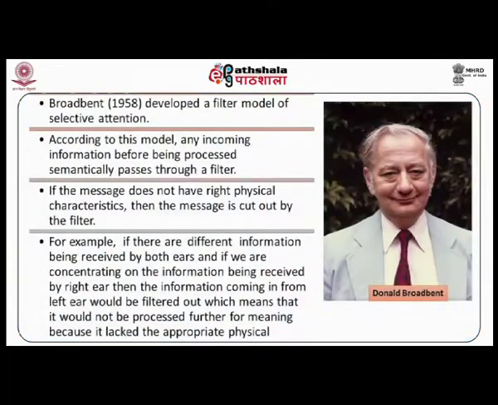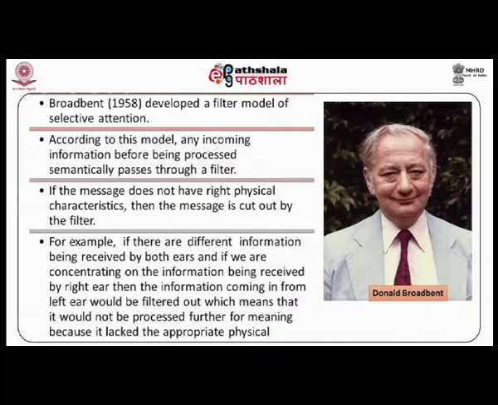Broadbent in 1958 developed a filter model of selective attention. According to this model, any incoming information, before being processed semantically, passes through a filter. If the message does not have the right physical characteristics, then the message is cut out by the filter.